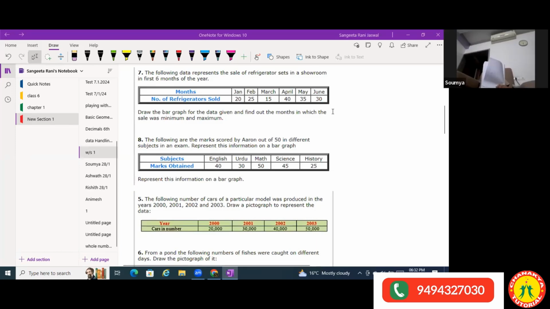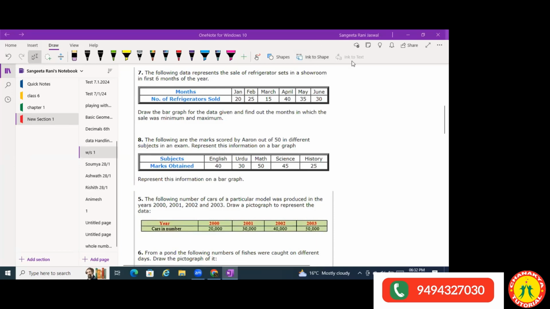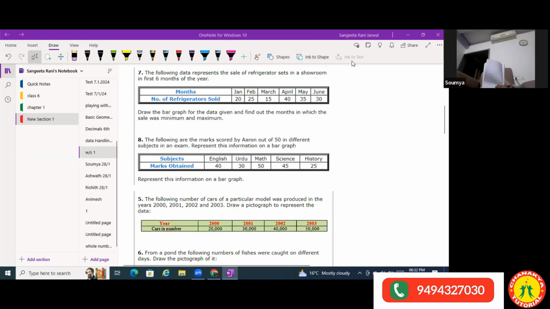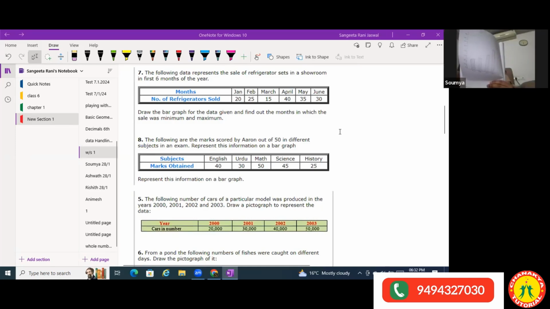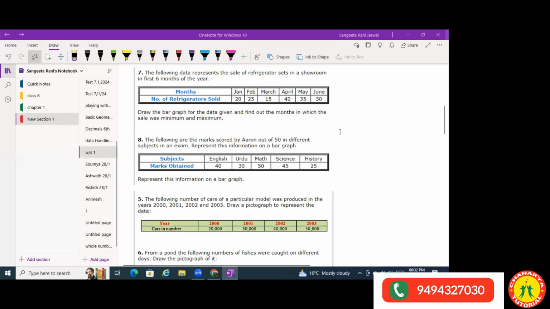Ma'am, I'm done with the fifth one. Okay, Soumya, show me closer to the camera. Which question is this? Hold it correctly. Your page is puffing out. Hold it nicely.